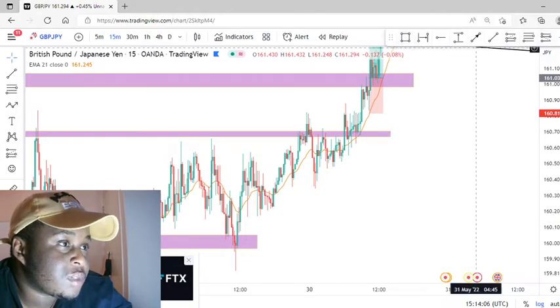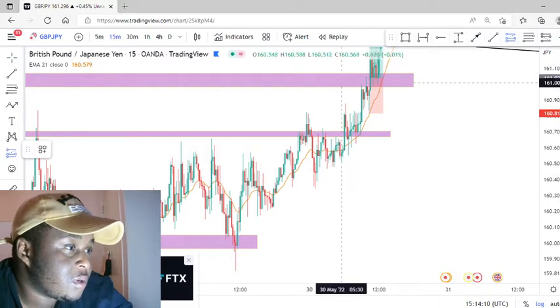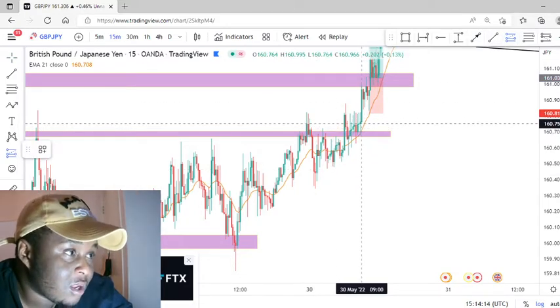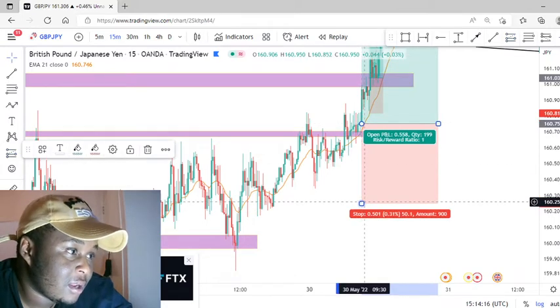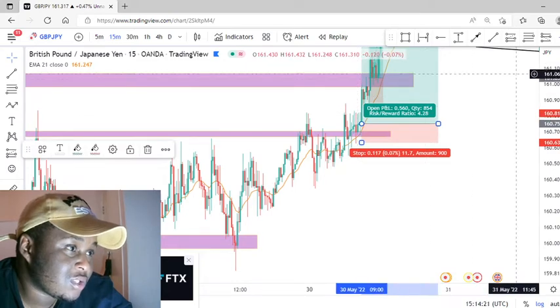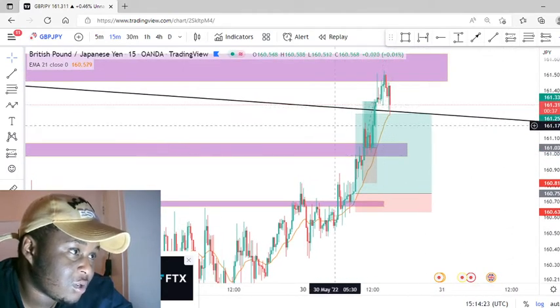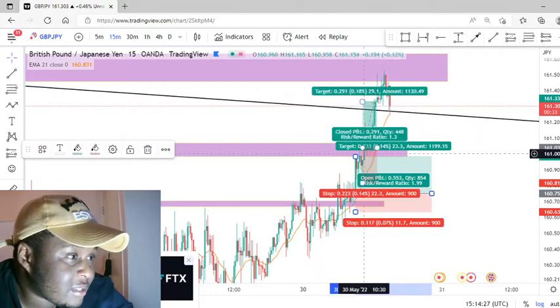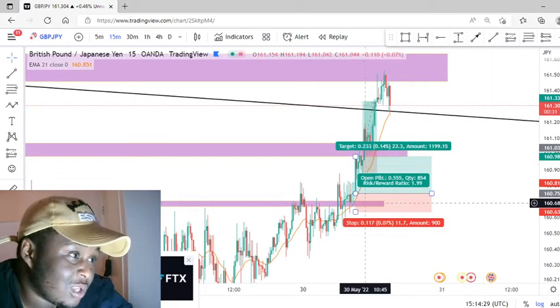I wanted a clean break so I could buy, put my stop below this level, and then put my target at the next support. This was going to be 1 to 2.